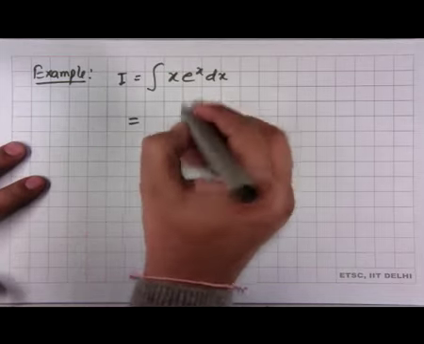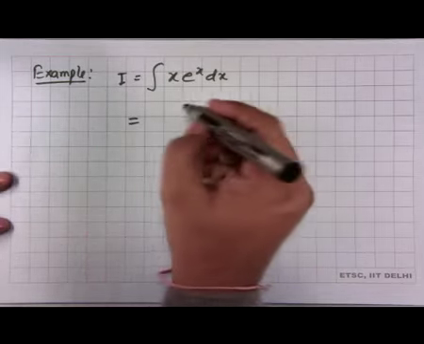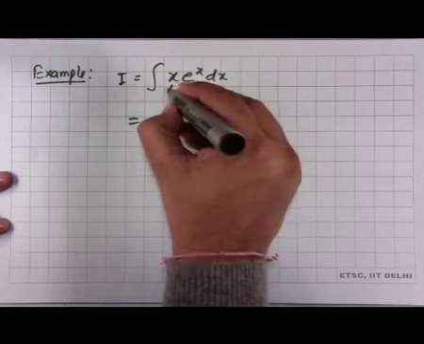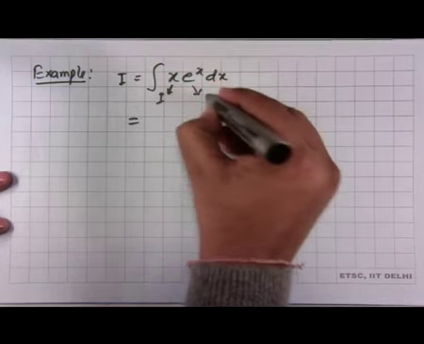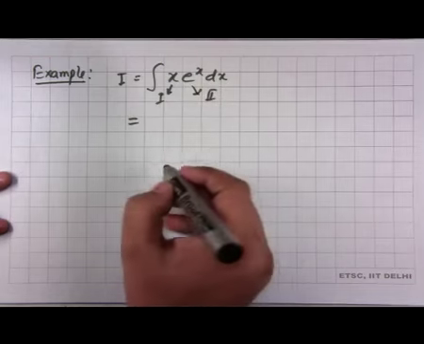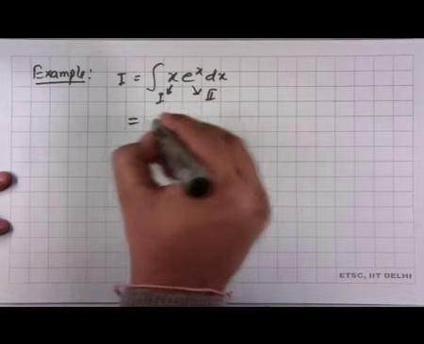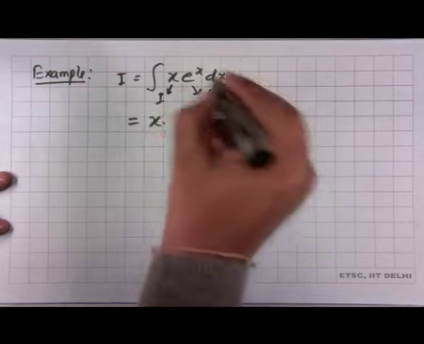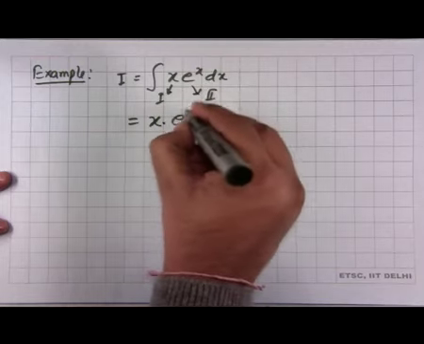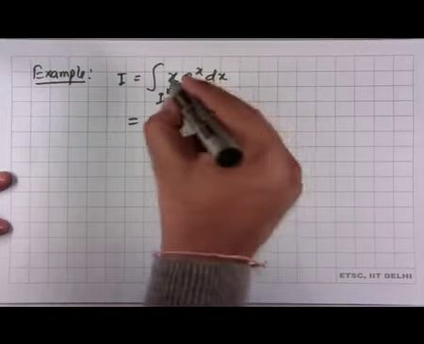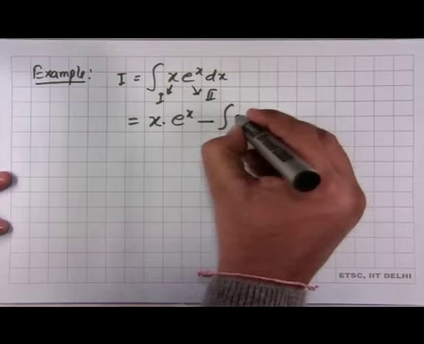In order to evaluate this, we can choose a function as the first function. Suppose that we choose x as the first function and e raised to power x as the second function. Then what does the formula say? First function x, integration of the second e raised to power x, minus the differentiation of the first, x prime.